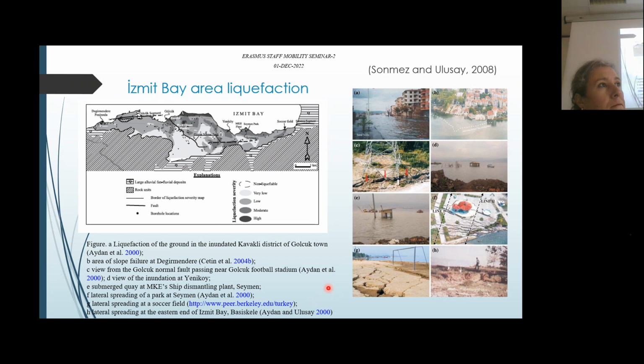I mean, the technique you use for the VS profile. No, I have no idea actually about it. Maybe it differs depending on the application of refraction microtremor, or even having some seismic records from the system.